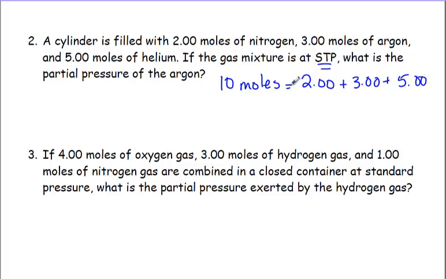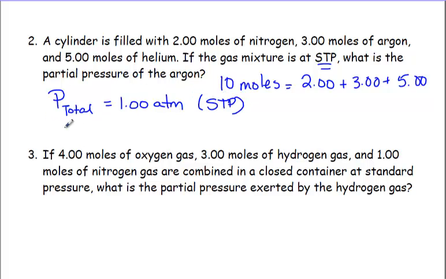Now we need to figure out what fraction of this entire thing, the partial moles, to figure out what the partial pressure of argon is going to be. Since it says it's at STP, the total pressure, P total, has to equal 1 atmosphere, because that's STP. That's where we get the P total from.